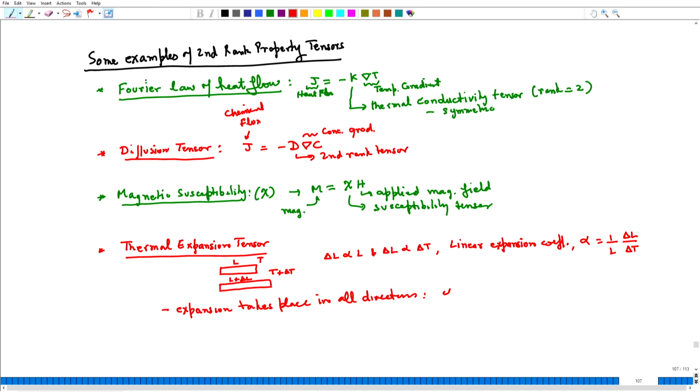Hence, alpha would be a second rank tensor, and it would be symmetric as well.